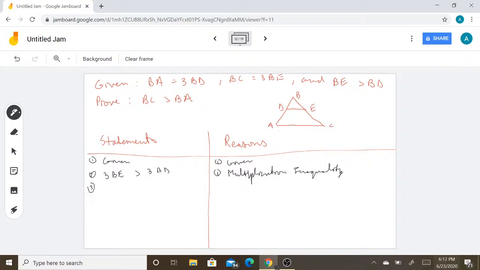Next, we can actually go ahead and prove that BC is greater than BA, and this is because of the substitution postulate.